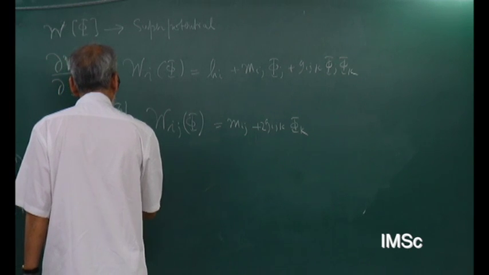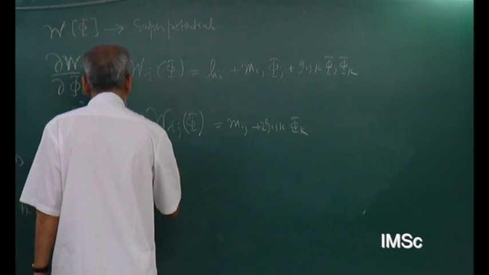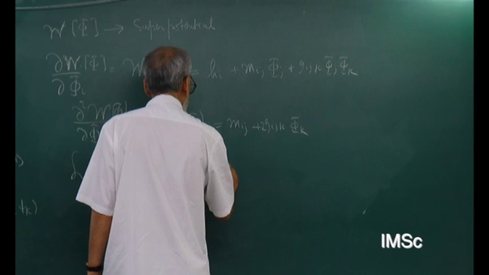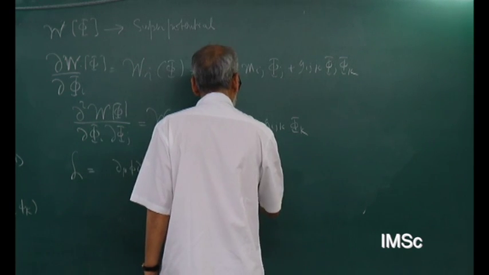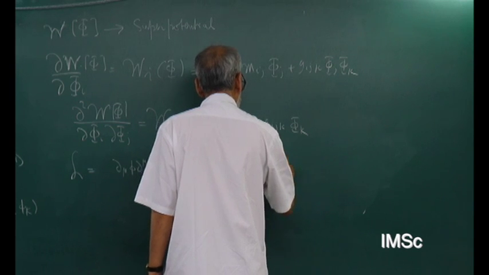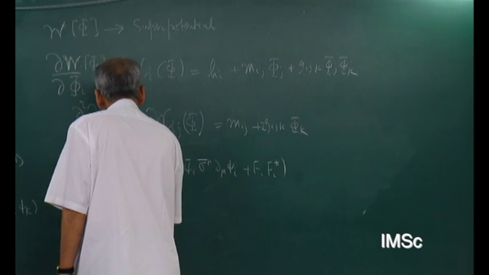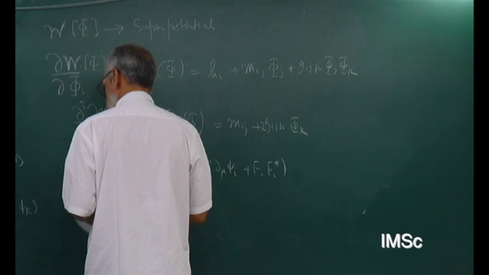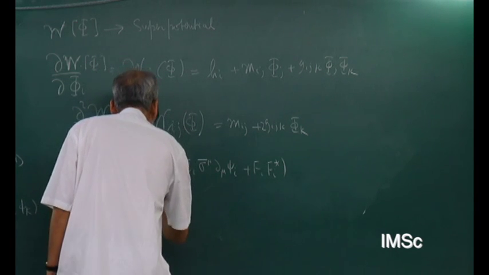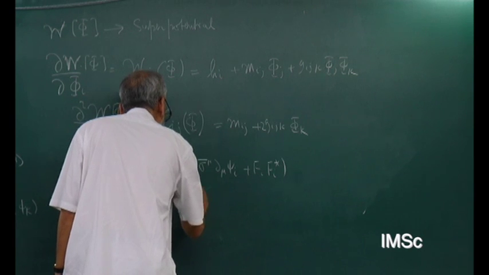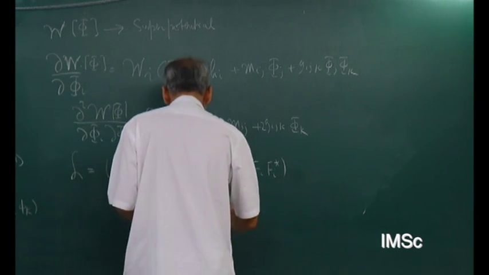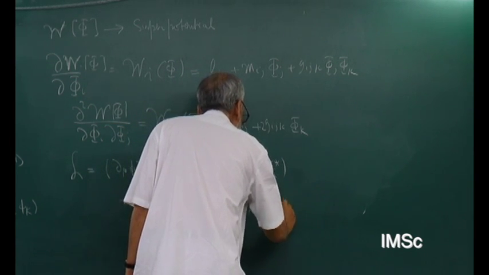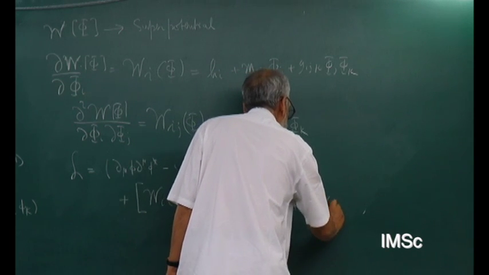So I have d mu phi star minus I psi bar sigma mu d mu psi I plus Fi star, this is as it is, plus Wi phi of Fi minus half psi I psi j of Wij of phi plus Hermitian conjugate.